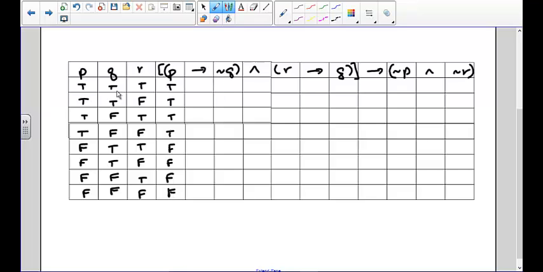So Q is true, true, false, false. So not Q is false, false, true, true. And R is true, false, true, false, true, false. And Q is true, true, false, false, true, true, false, false.